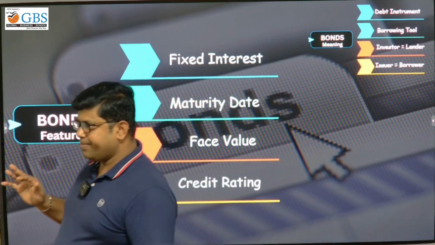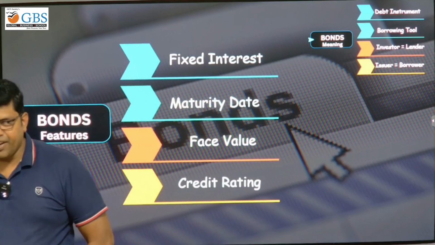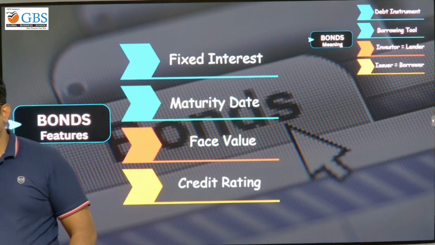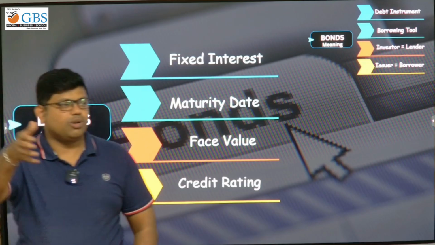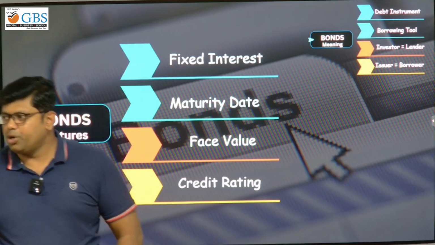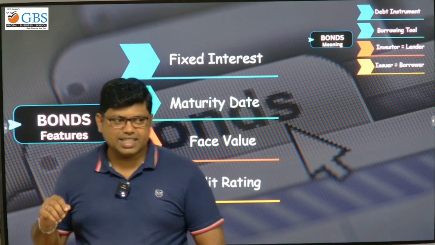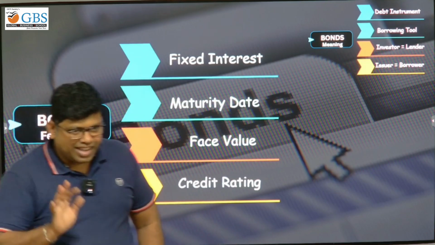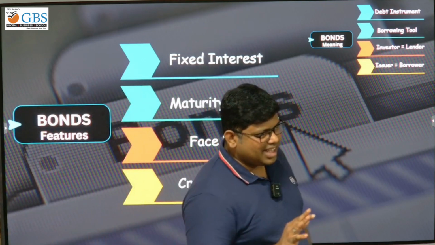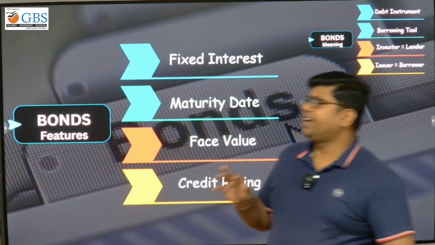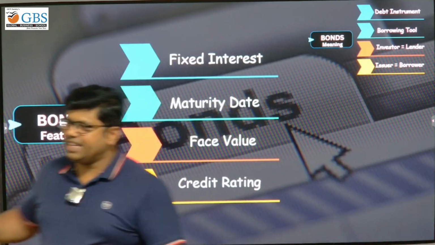Very, very simple. Clear? Right. See, 4% by US government. So now it should be more than your fixed deposit rate of interest. Otherwise, you will not buy. Will you agree? Correct? Right. Anyhow. So what do you mean by credit rating?